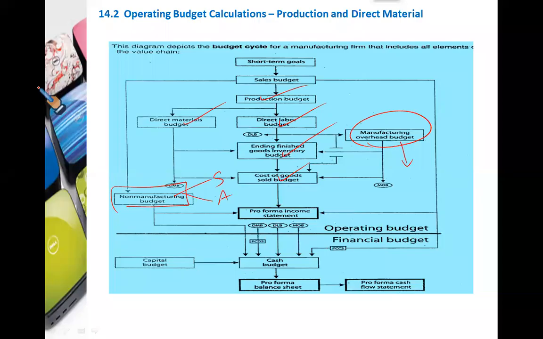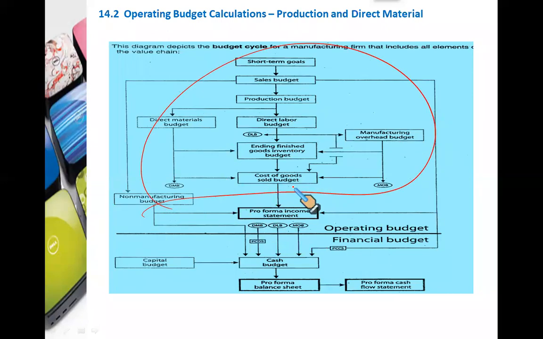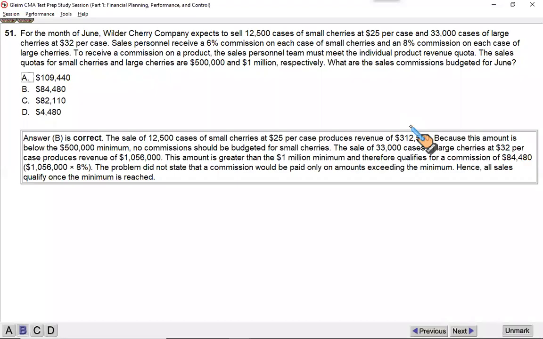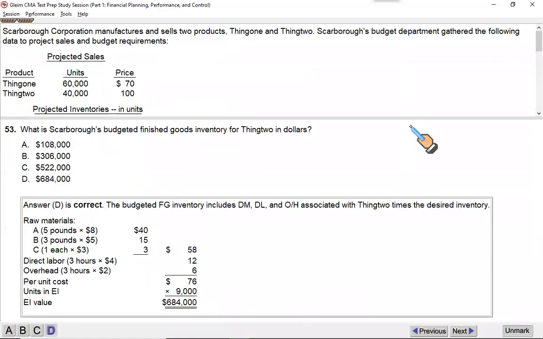Coming back to the main scheme of things. Finally, once you drop all these, the end thing in the operating budget is the pro forma income statement, the budgeted income statement based upon all these budgeted numbers. So how is it drawn up? I think I have a question here.